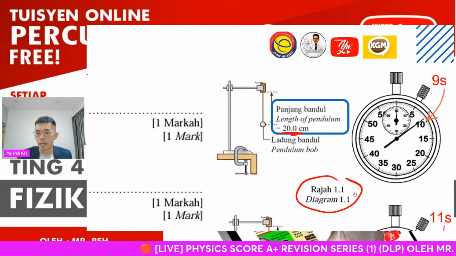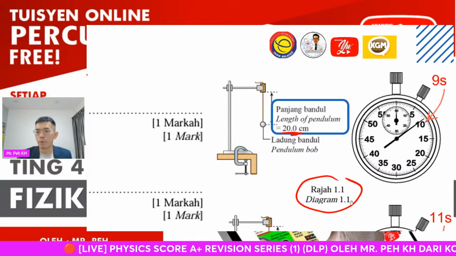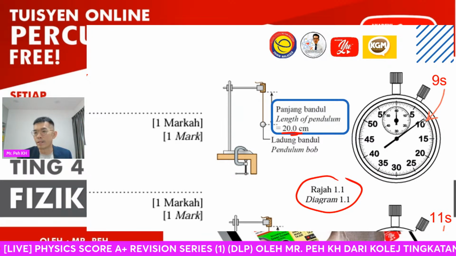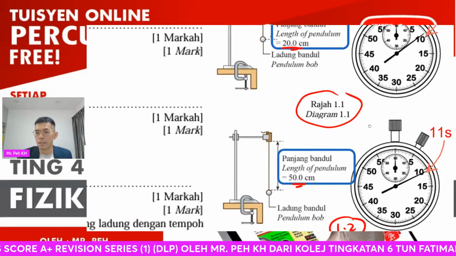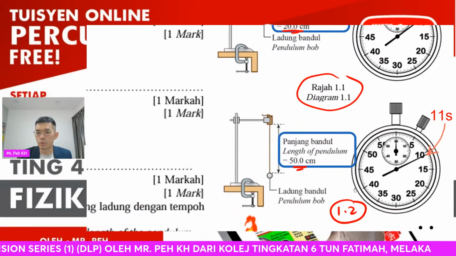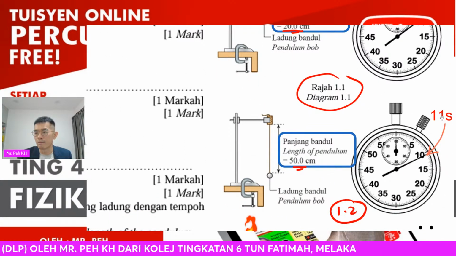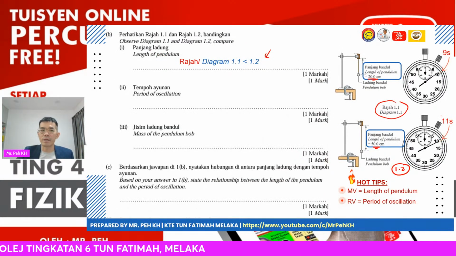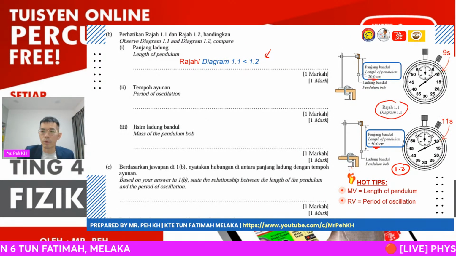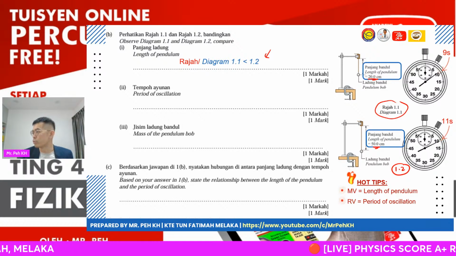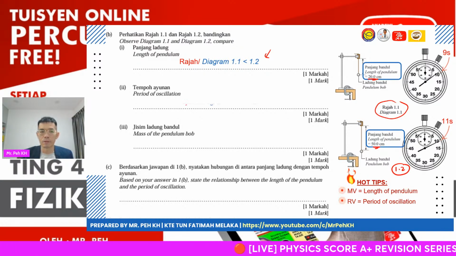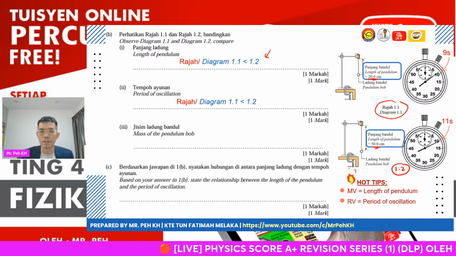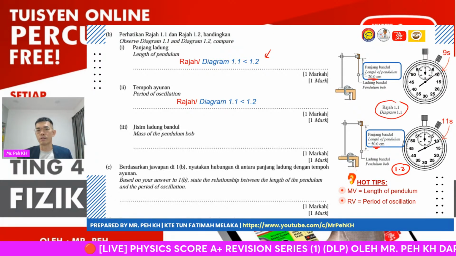You can see here, diagram 1.1 will be 9 seconds. Then diagram 1.2, the time taken here will be 11 seconds. So we are very clear that diagram 1.1 is smaller than 1.2, right? You can use a mathematics symbol. For time, you can give shorter also.